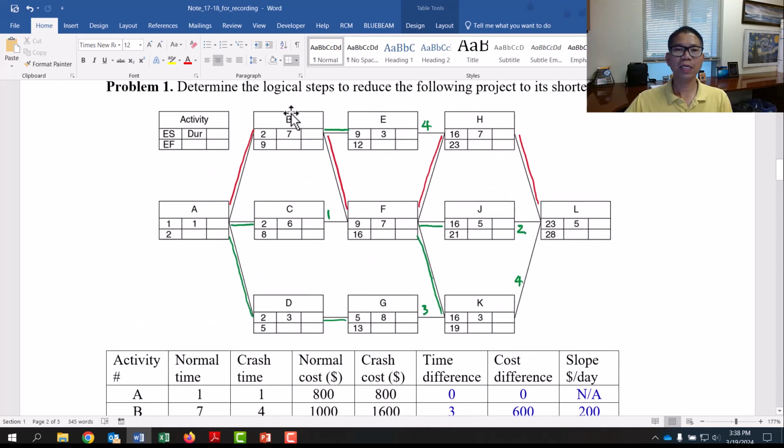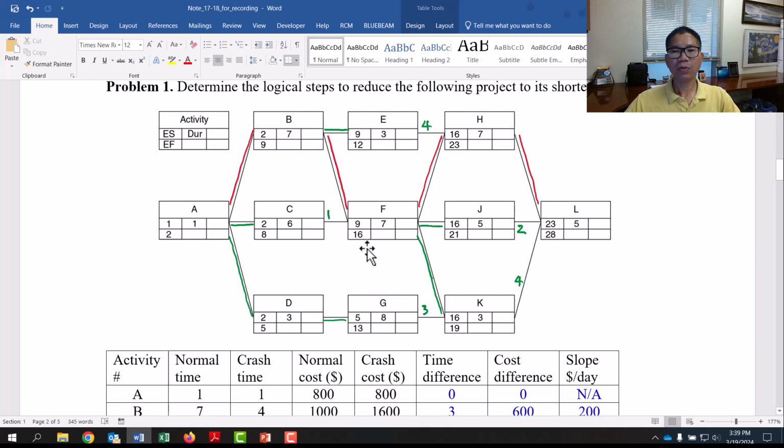So look at B. If I shorten B by 1 day, it will increase the cost only $200 per day. Let's see if I can cut through any other link that has a positive value. Then I can go through B down and through between C and F, which is 1.